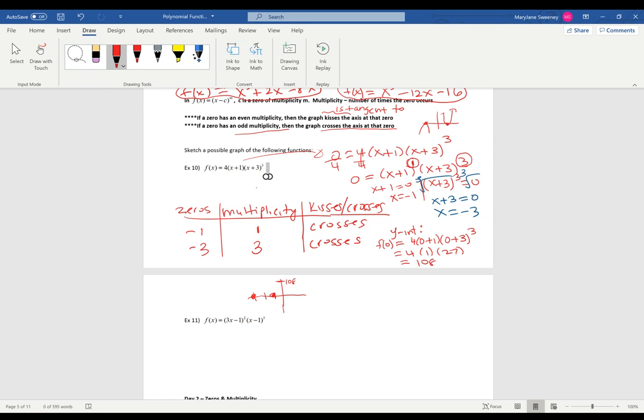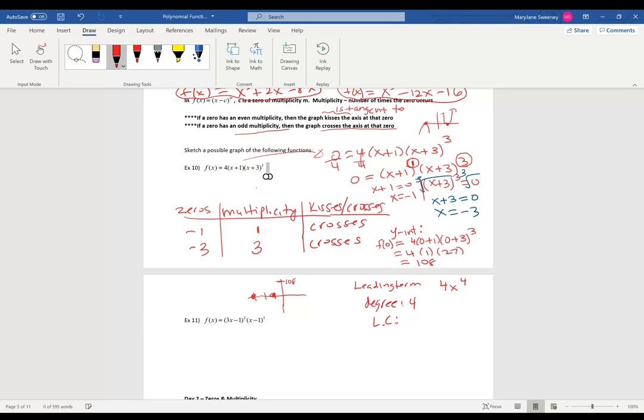Now, the other thing I know, let's think if I multiplied this whole thing through, my leading term would be 4x to the 4th, because it's an x cubed times another x times a 4. So the degree is 4.